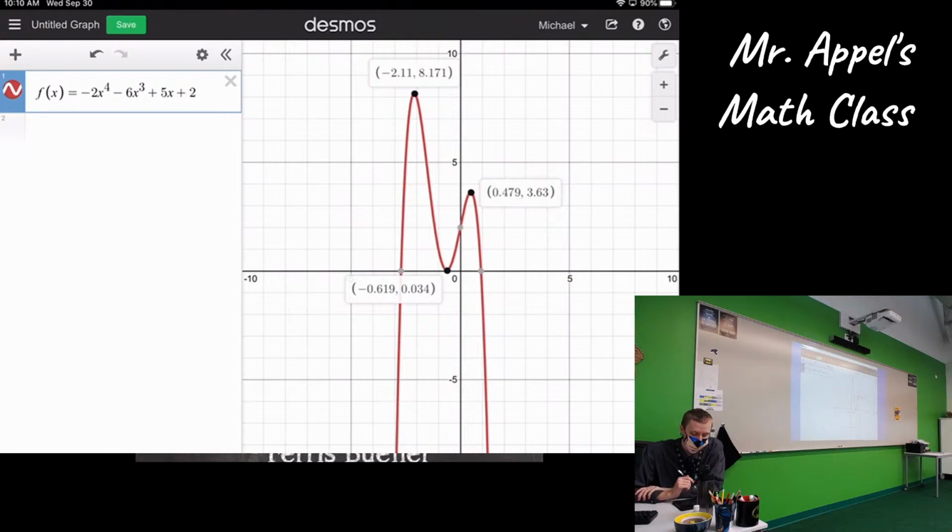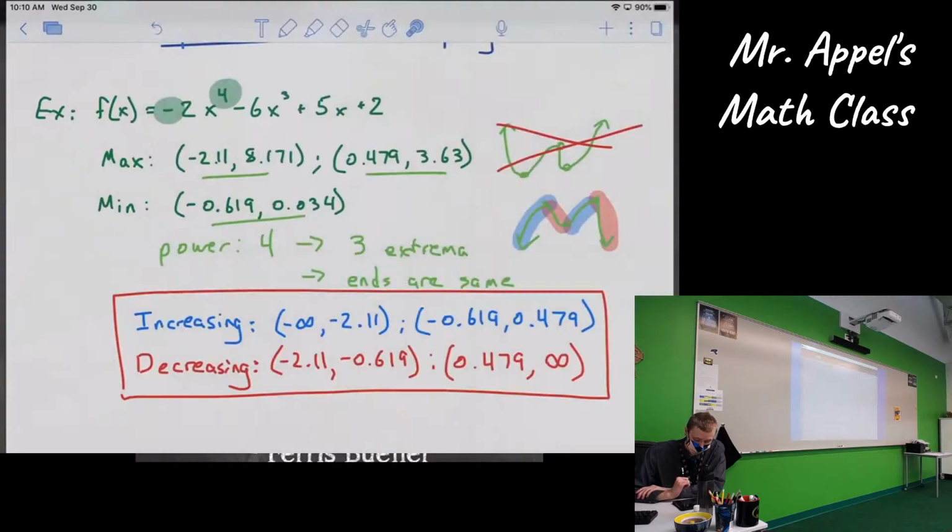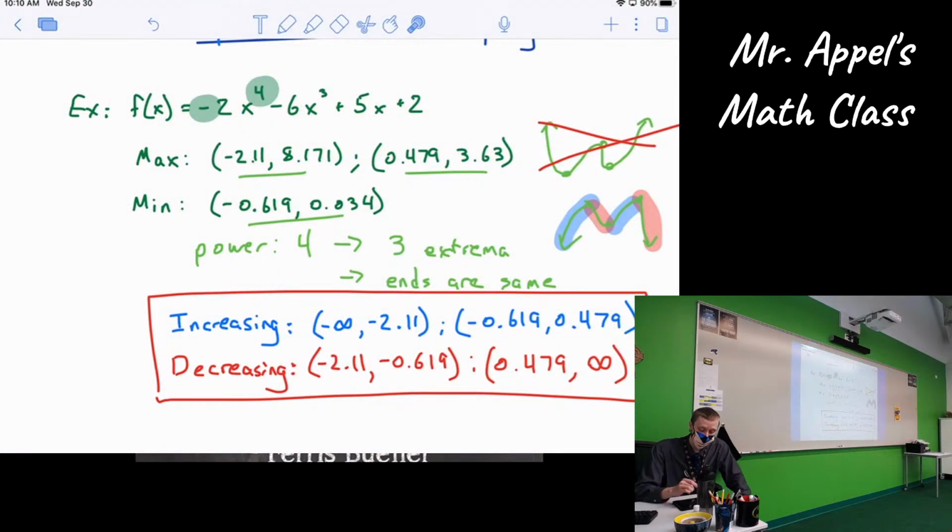But you have to know those points, right? I could not have done this without Desmos telling me, hey, this maximum is at x equals negative 2.11. I'm not concerned about the y value for it at this point. But I can't do that without knowing these points already. And so the challenge comes in being able to find those points.